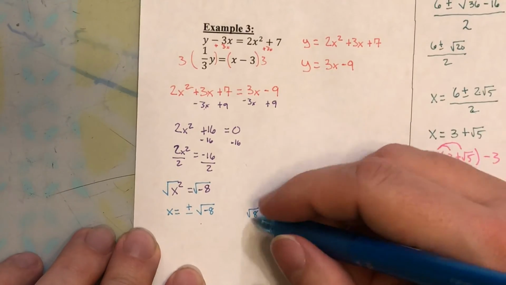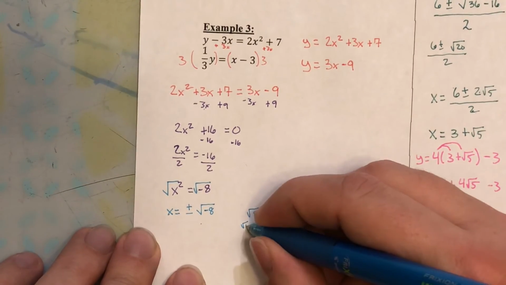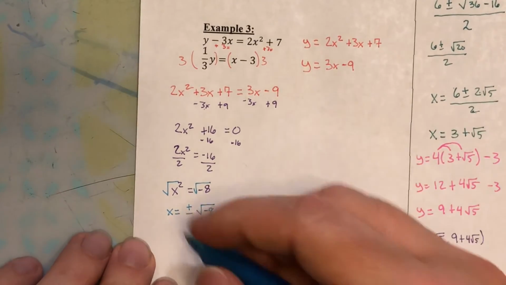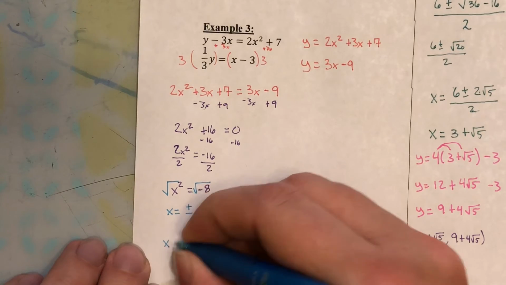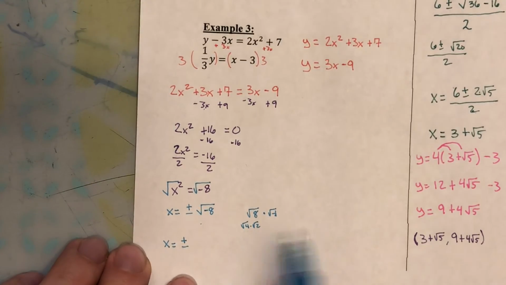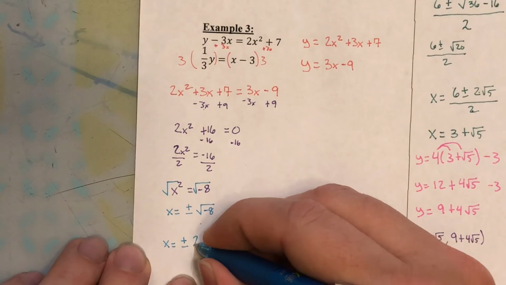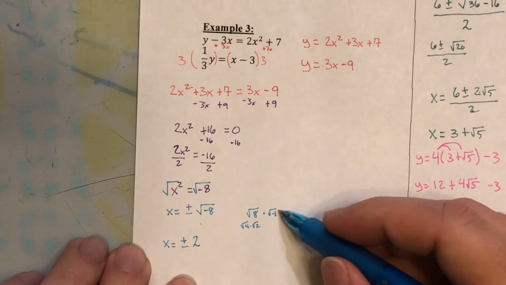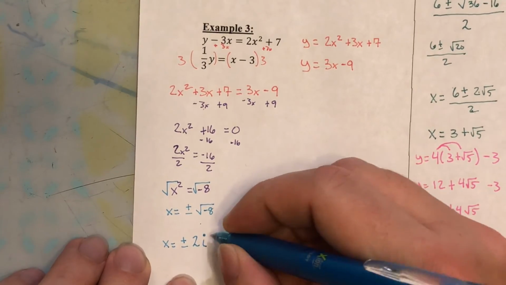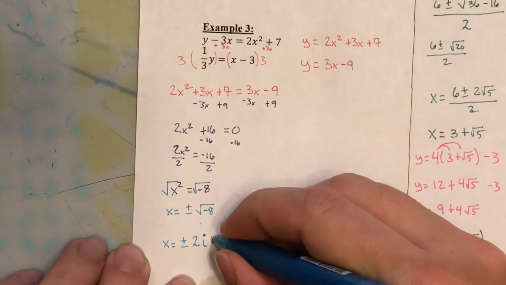And the square root of 8, that's the same thing as saying the square root of 4 times the square root of 2. So that ends being x equals positive or negative. The square root of 4 is 2. The square root of negative 1 is i. And then I'm left with the square root of 2.